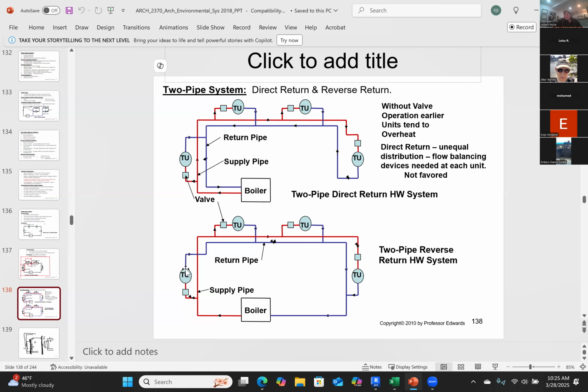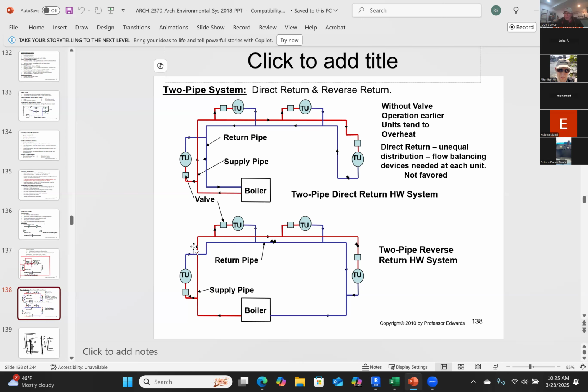Where on the one pipe system, we dump that 110-degree water back into the 120-degree water. But in this system, we don't dump it back, so we never dilute the temperature down. We send that all the way back to the boiler. So supply line, extract it, and then the return line is a second unique and separate line.